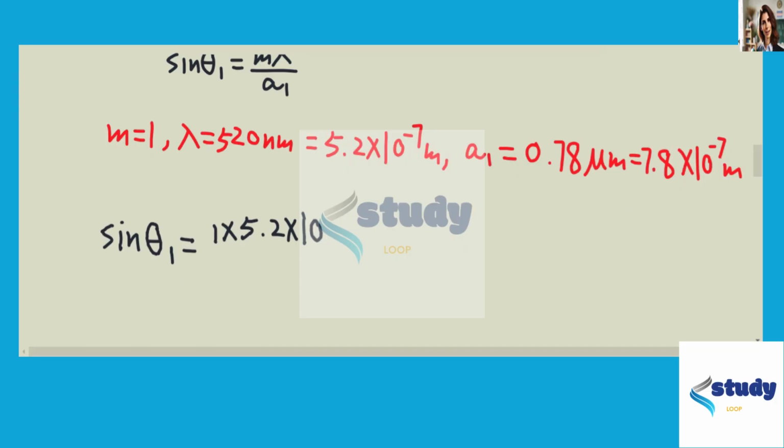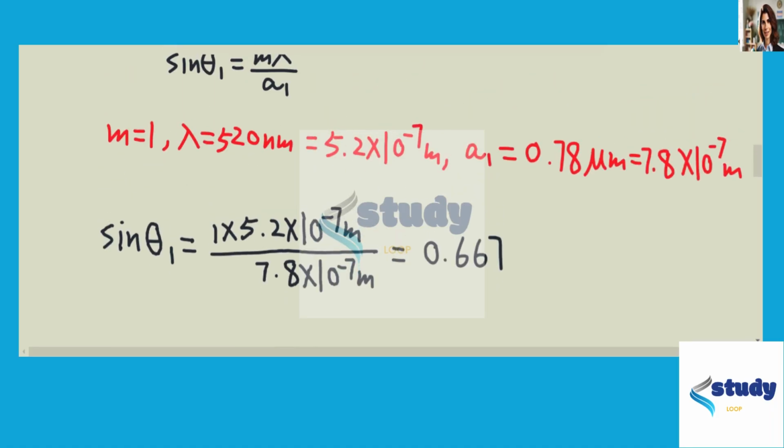So sine theta 1 is equal to 1 times 5.2 times 10 to the power of negative 7 meter over 7.8 times 10 to the power of negative 7 meter. And this will give us sine theta 1 is equal to 0.667.